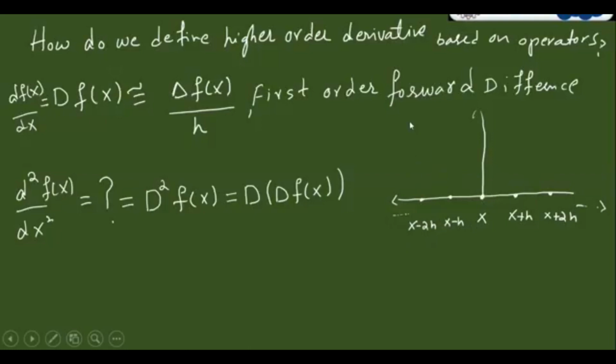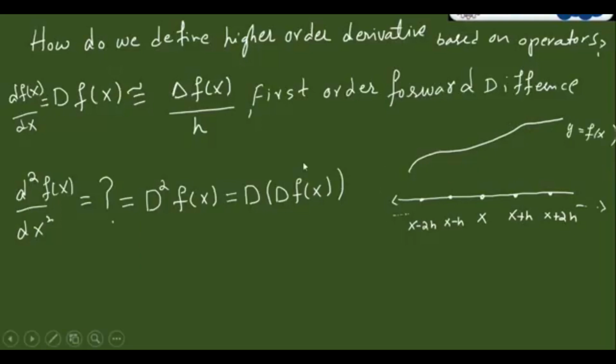If I ask you that I want to compute the change, let's draw it. In fact, it is much easier for you. So there is some function f of x, and you want to compute its second order derivative.